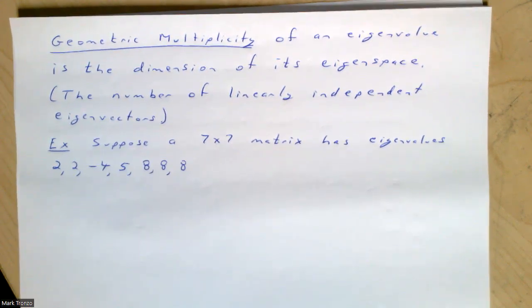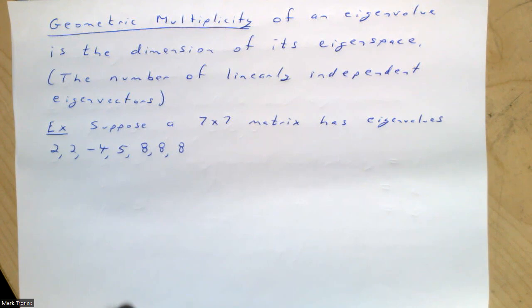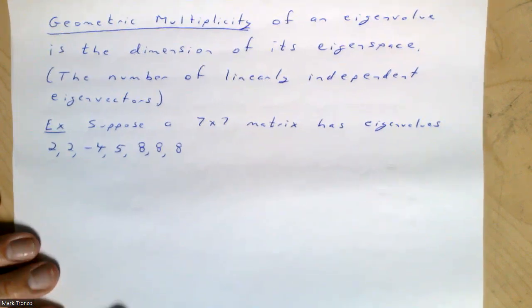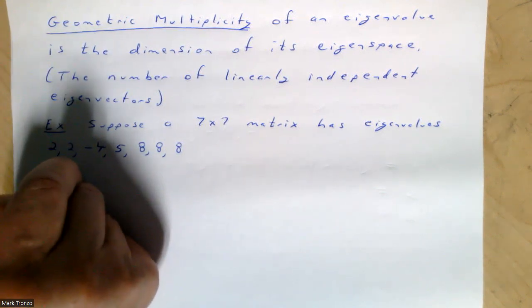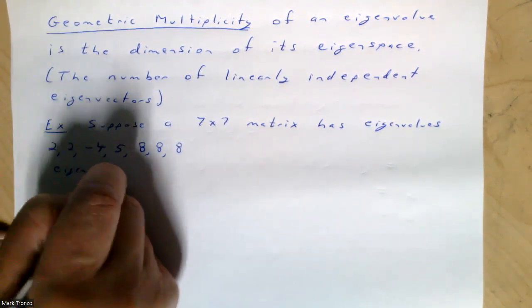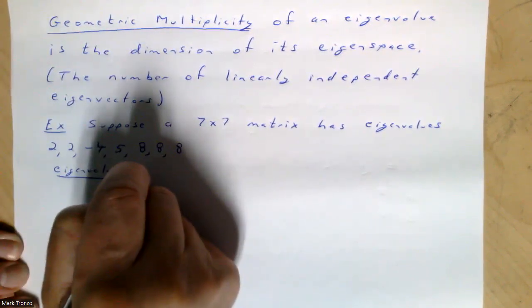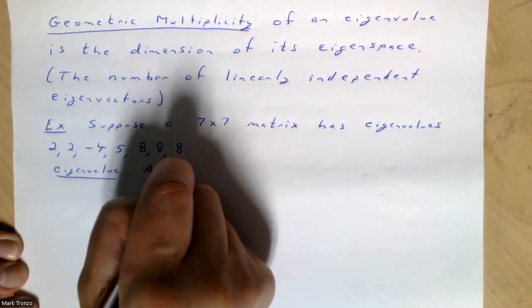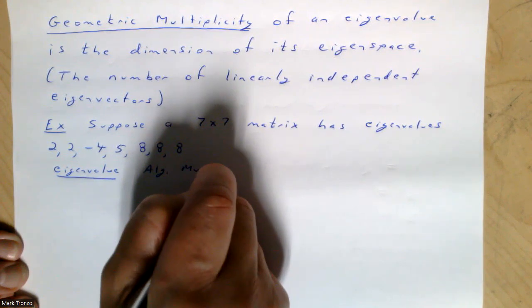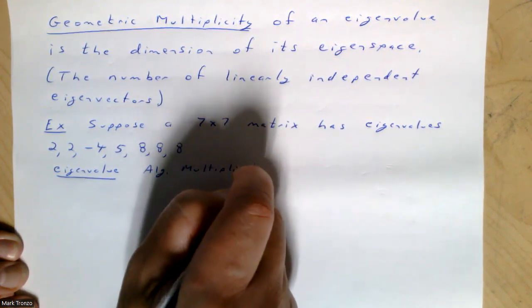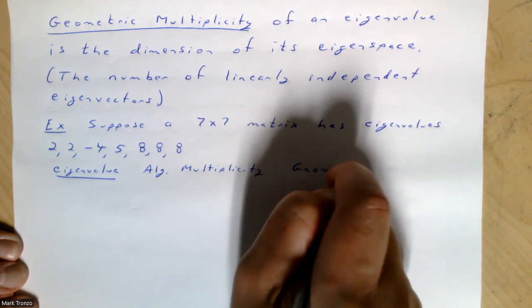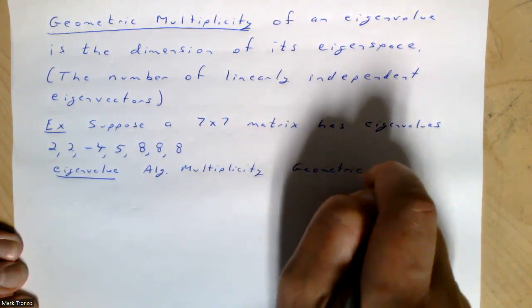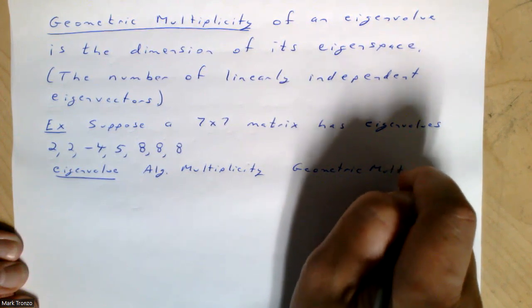Now, without actually knowing the eigenvectors, we can figure out what the possibilities are. So again, you have eigenvalue. Let's look at each of these. And we have the algebraic multiplicity and geometric multiplicity.